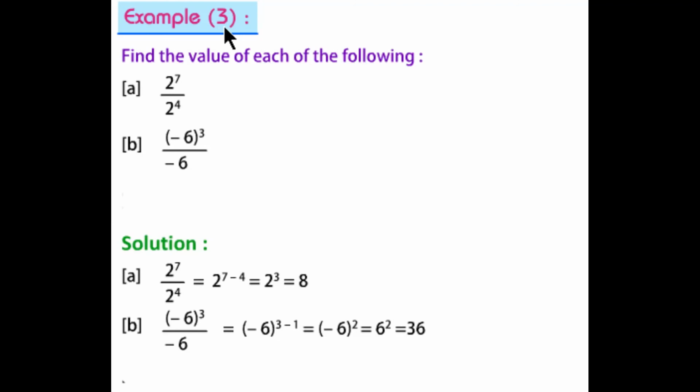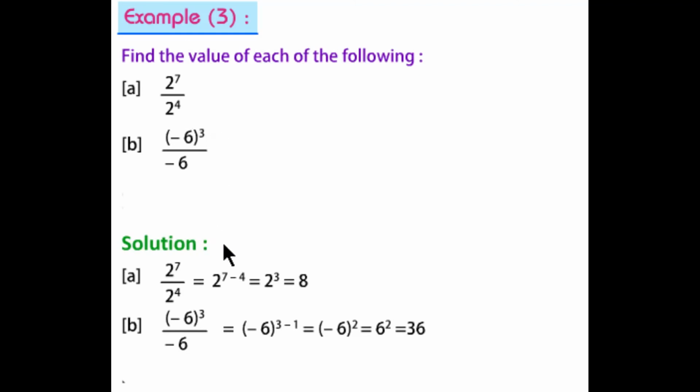Example 3. Find the value of each of the following. a. 2 to the power 7 over 2 to the power 4.